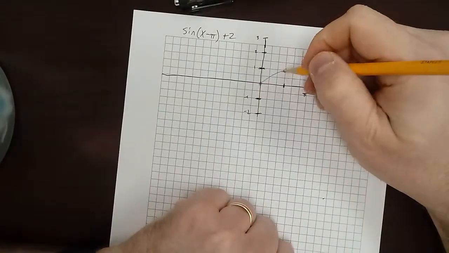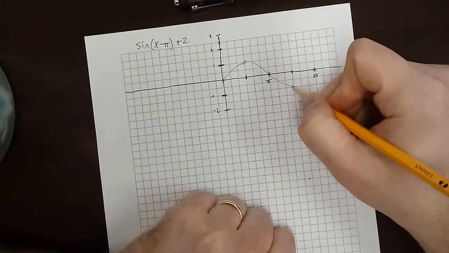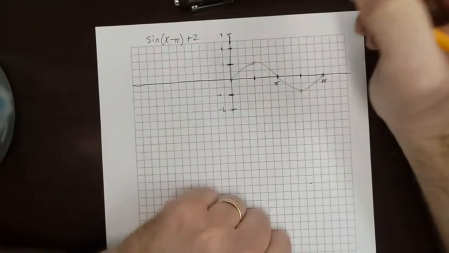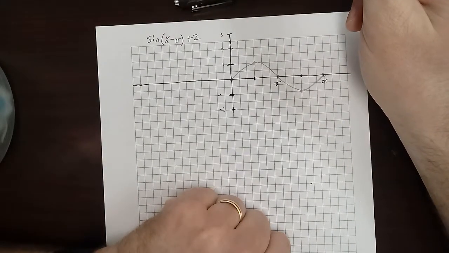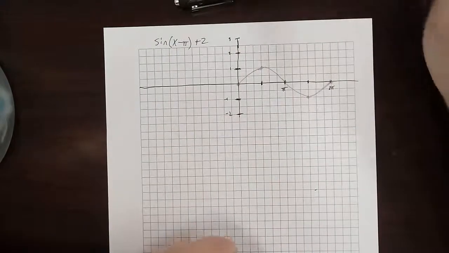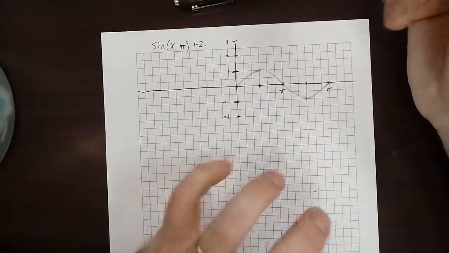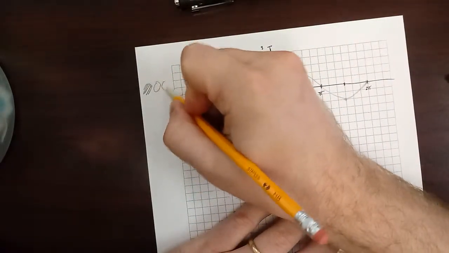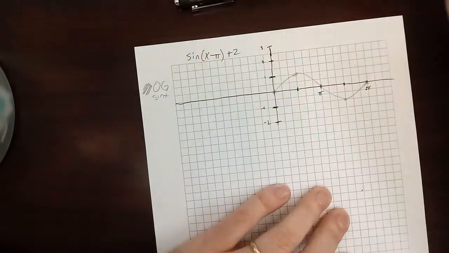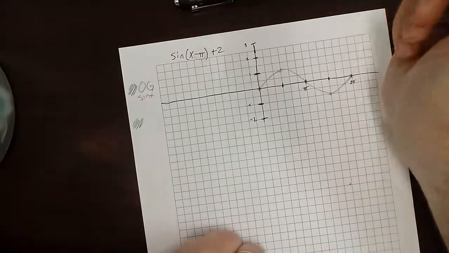And that happens every half of pi, which the way that we've done it in class was every 3 spaces. And I'm not going to throw any curveballs at you. That's the way it's going to be on the test too. So I'm going to use my color code and say OG sine x. Then I'll switch to green for my next one, and I see that it moves to the right, pi.